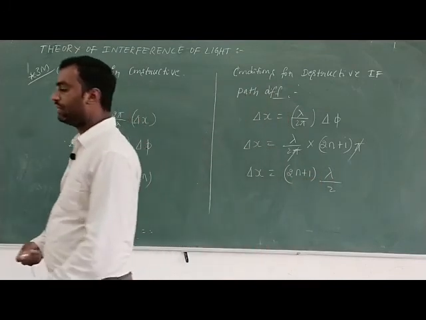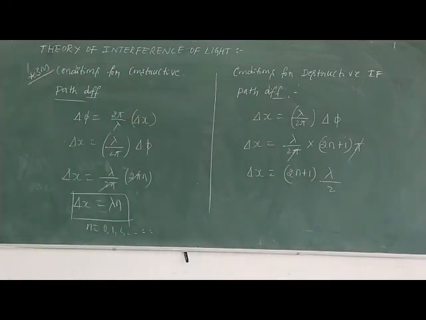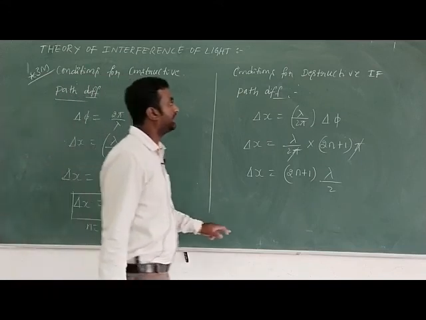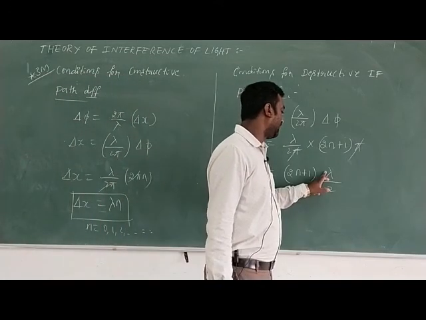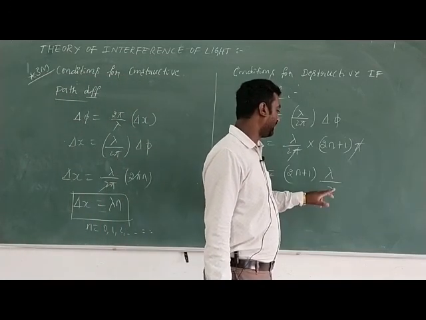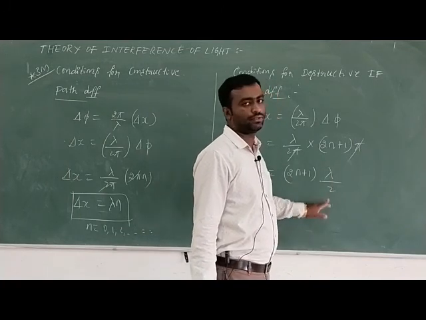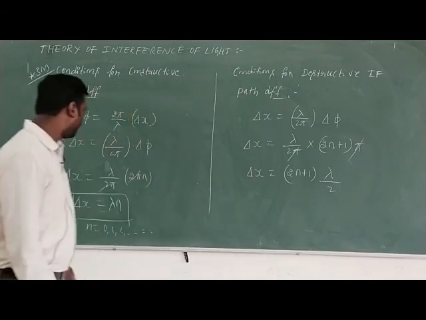So these are the values of the path difference for constructive and destructive interference. For constructive interference, it is an integer multiple of λ. For destructive interference, it is an odd multiple of λ divided by 2.